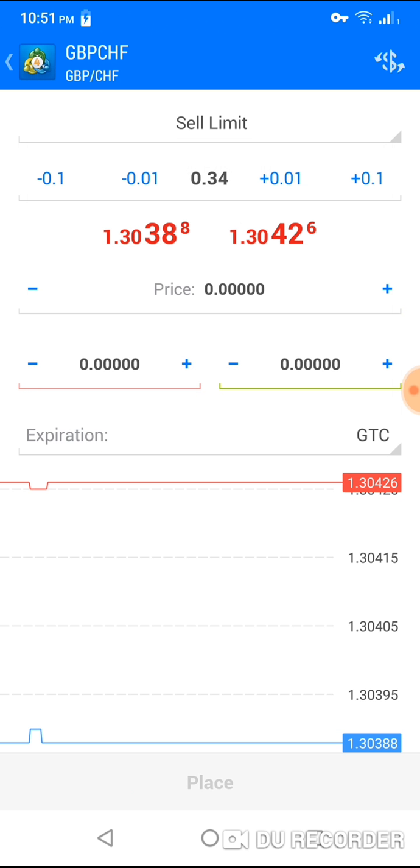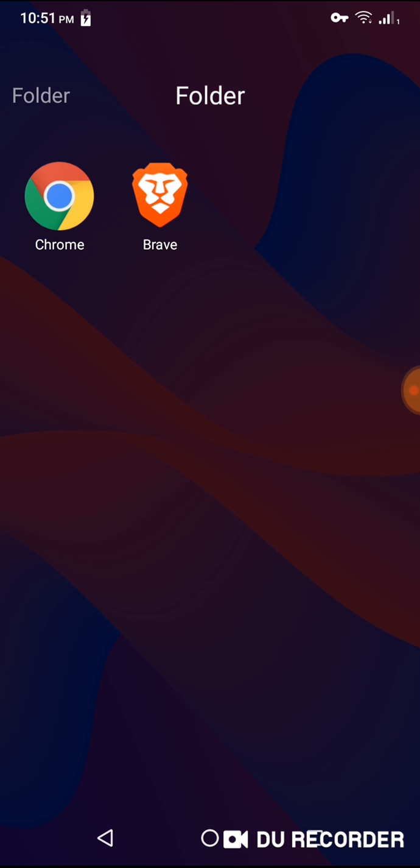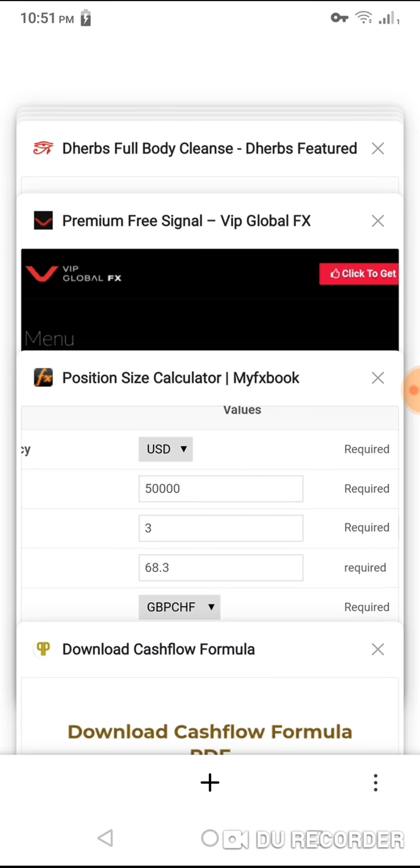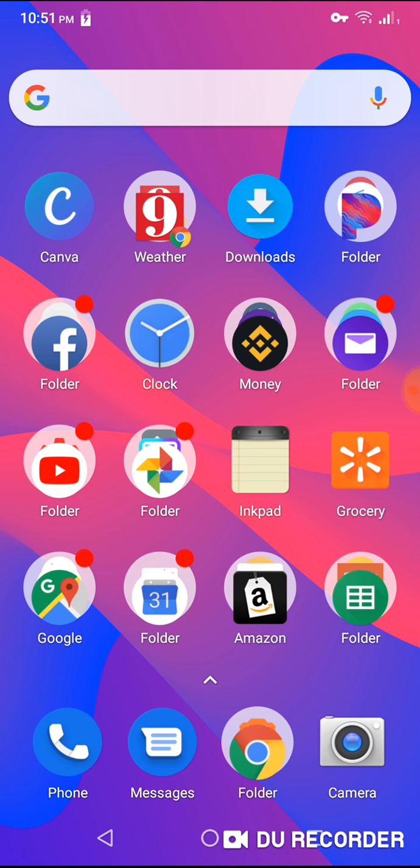Now, we got that Sell Limit from our Trade Setup page. See where it says Sell Limit Order up under the price? So that's how we know we want to sell. If it's green, it'll say Buy Limit Order. Okay, so we know it's a sell. So let's go back to our MetaTrader 4.